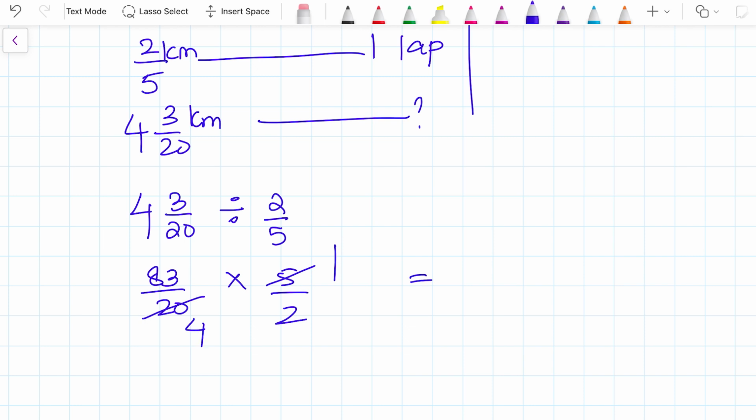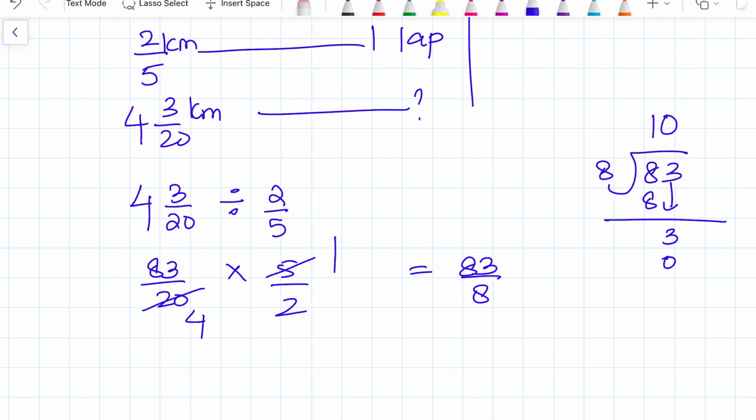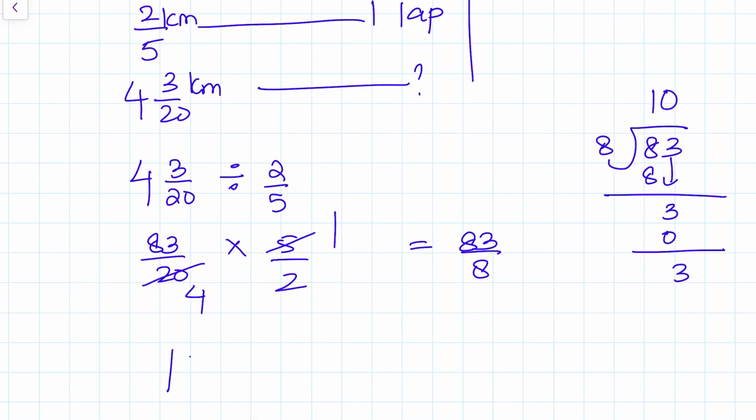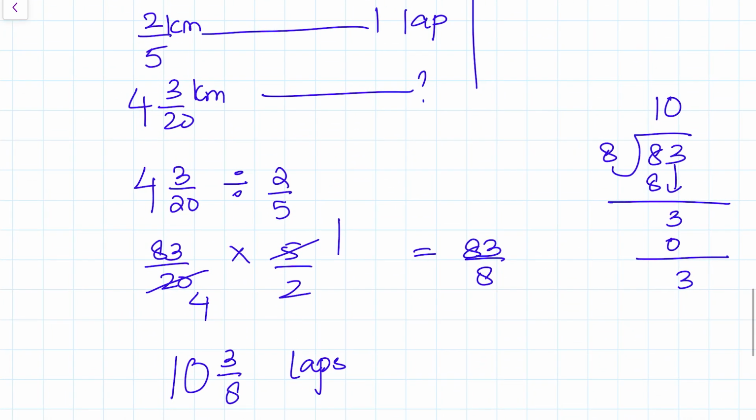So this becomes 83/8. That means he covers 10 whole 3/8 laps. So Li Ting's brother ran 10 whole 3/8 laps.